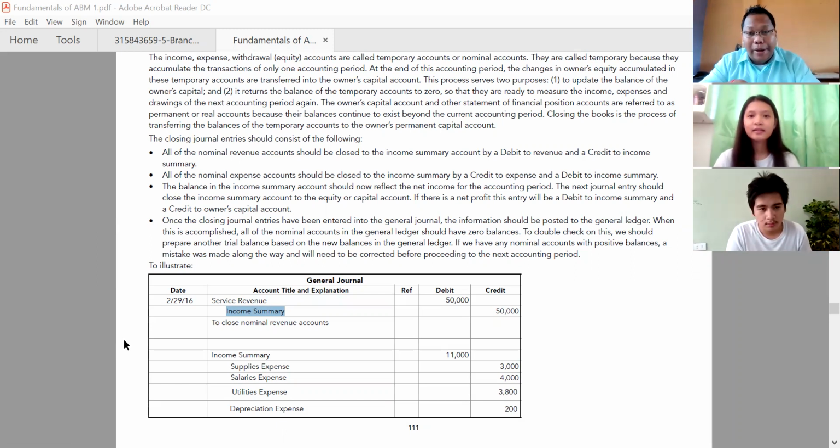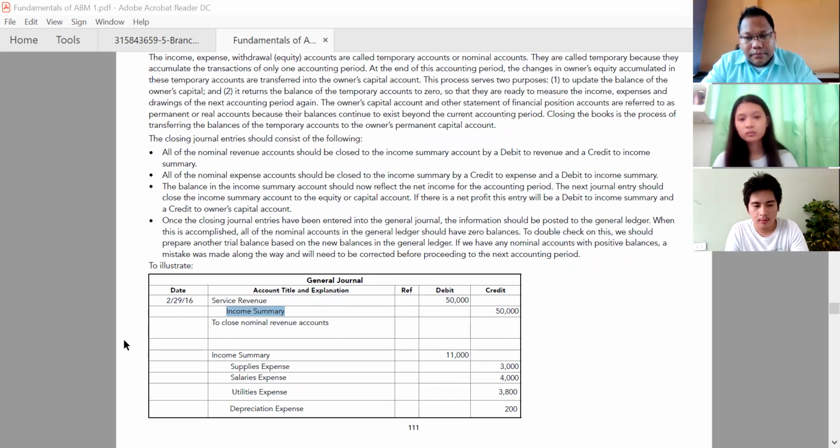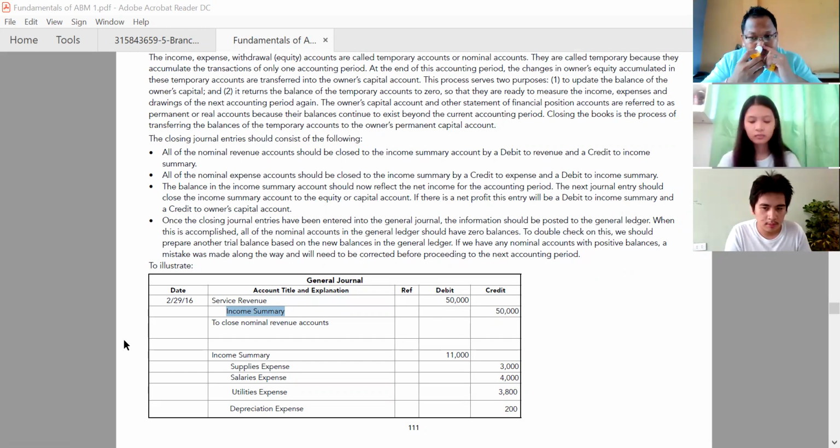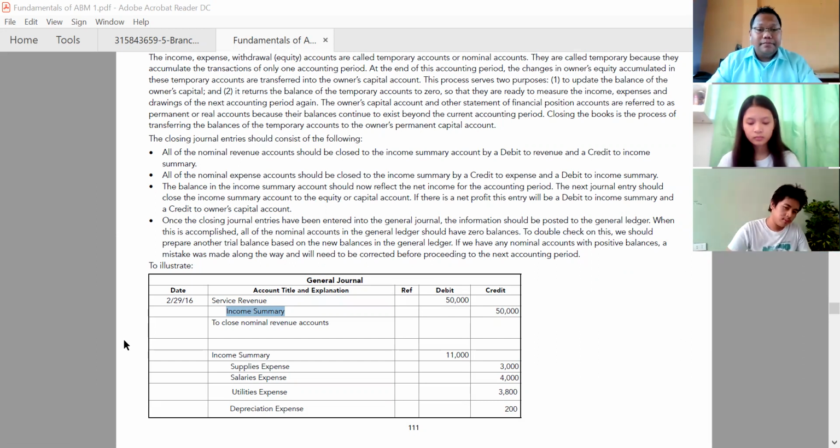To close it, you will debit it. And debiting service revenue in closing it would mean that you should put income summary on credit. In the same way, to close expenses, Nathan, what is the normal balance of all expenses? Debit. Debit, correct. To close them, you'll put them on credit, and on debit, you will recognize income summary.